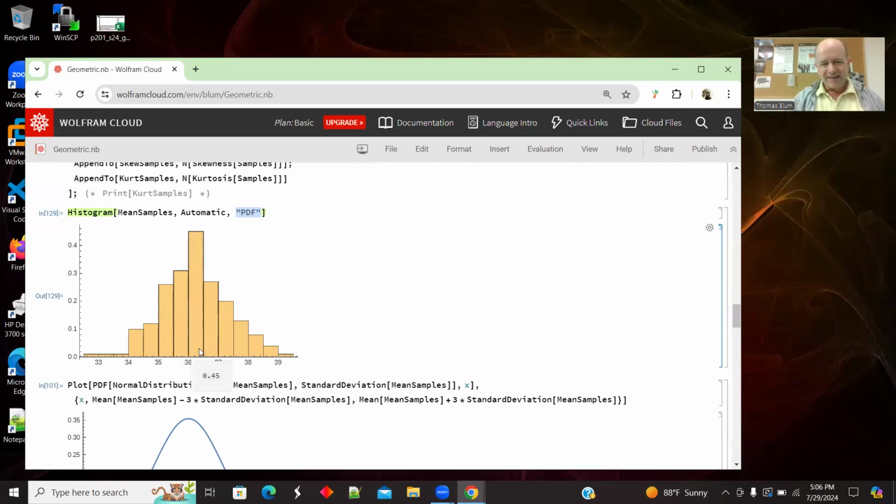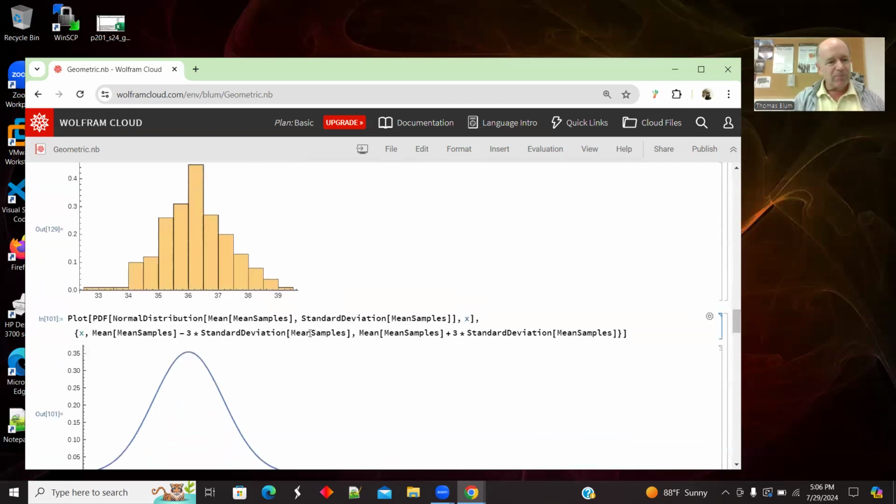And it picks a bin, and you don't want anything depending on the bin thickness that was chosen. So when you say PDF, it scales both x and y to give it the most independence. The PDF is not affected if I were to run more samples, or if I chose a different bin size. It's the version of the histogram most easily compared to math, and I want to compare it to a normal distribution.